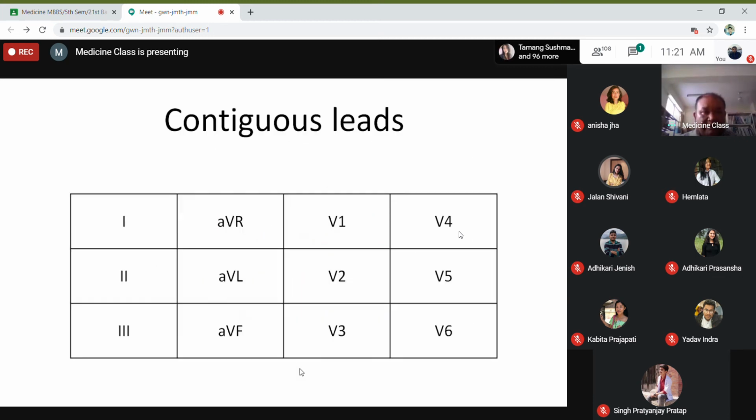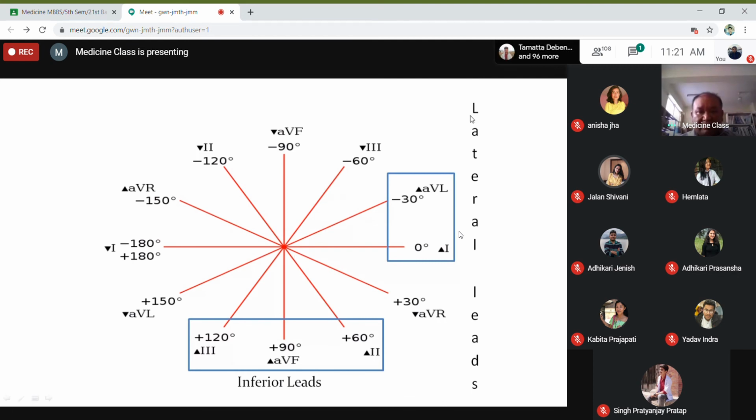We call them lateral leads because we are looking at the heart from the lateral side with the help of these leads, and we call these the inferior leads because we are looking at the heart on the inferior surface with the help of these leads. We'll see the importance of this nomenclature, and from where we are looking at the heart, and why it is important.